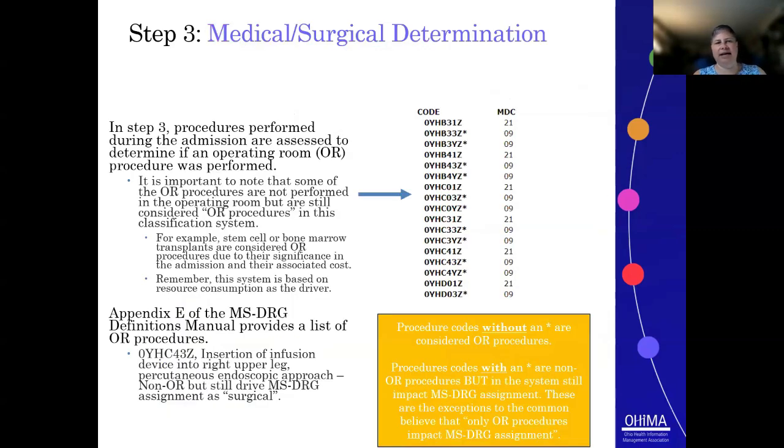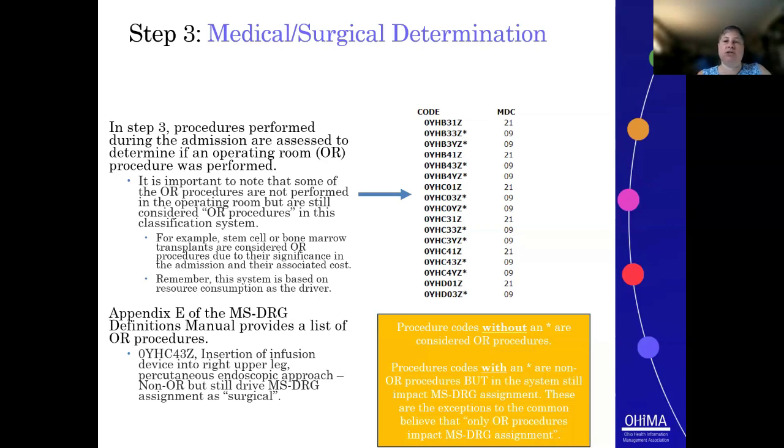Let's move on to medical and surgical determination. In this step, procedures performed during the admission are assessed to determine if an operating room OR procedure was performed. Okay. Medicare still uses this term OR procedure.